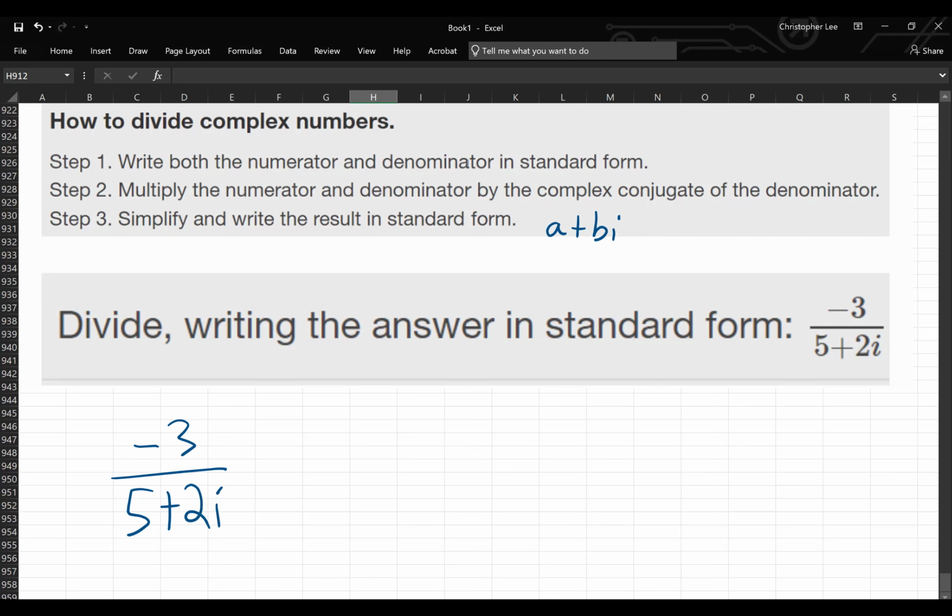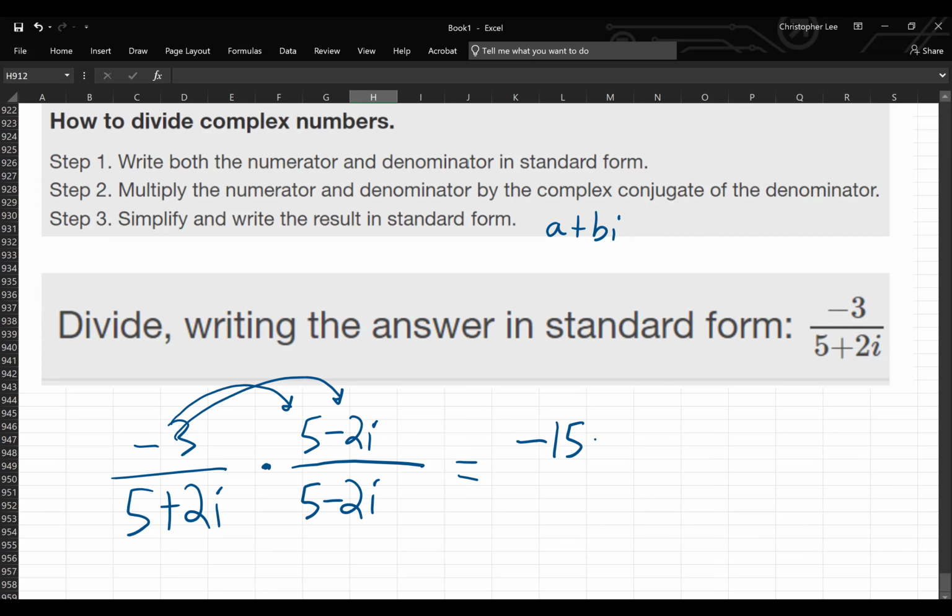All right. So again, I want to multiply this by its conjugate. Instead of 5 plus 2i, it's 5 minus 2i. But what you do to the bottom, you gotta do to the top. Just write it on the back, not the front. So when I multiply this, I'm just gonna distribute. This is gonna be negative 15 plus 6i on the top.